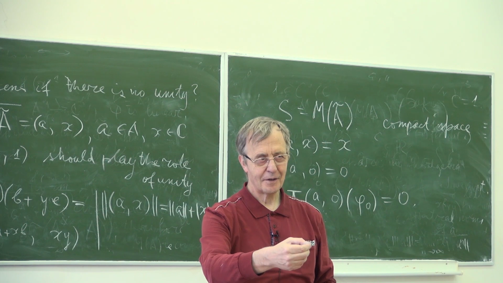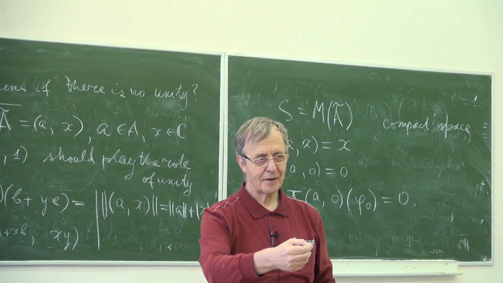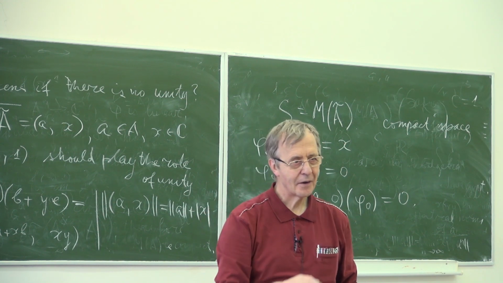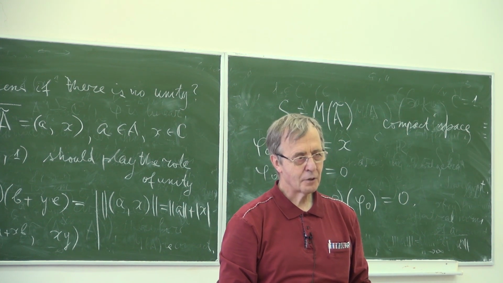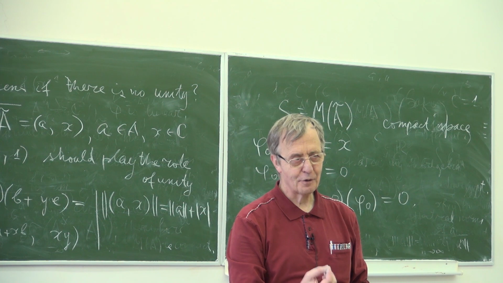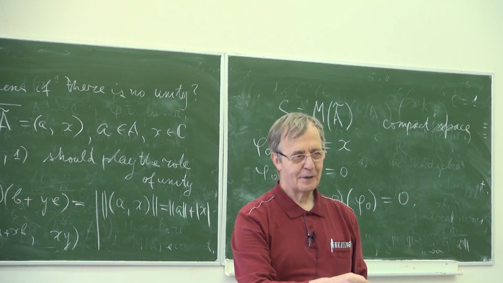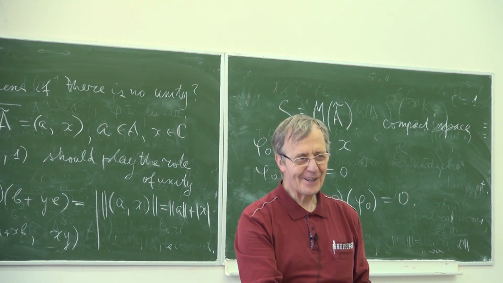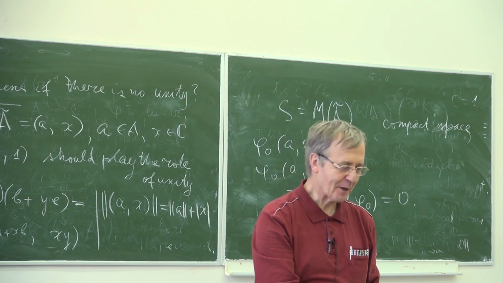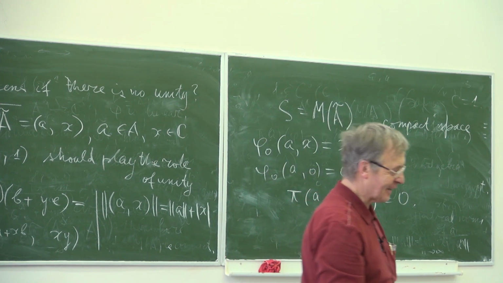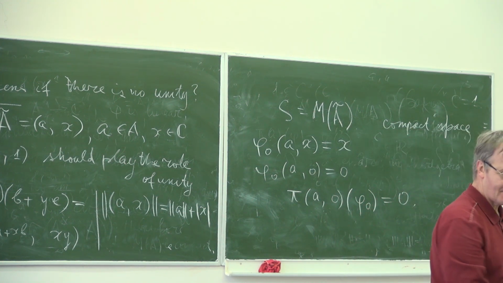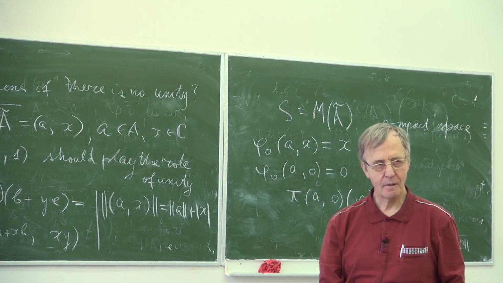So S is the one-point compactification of what remains, sure, because we remove this point from a compact space and we obtain something locally compact.